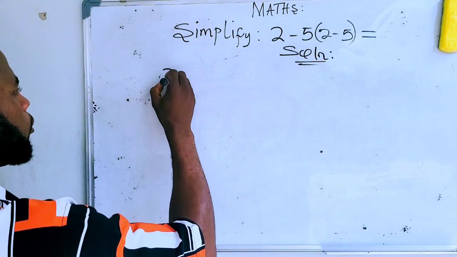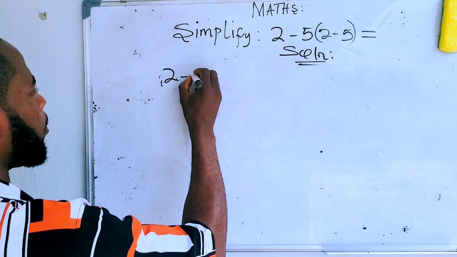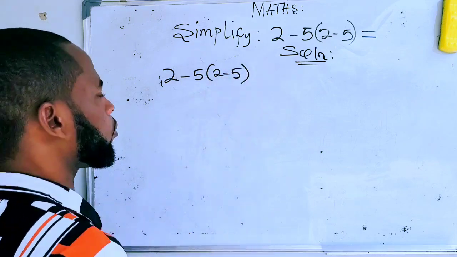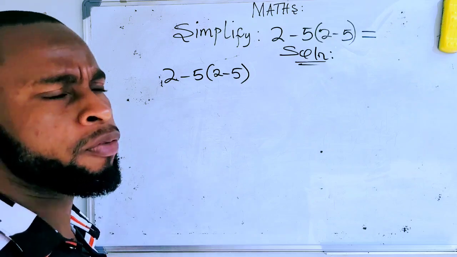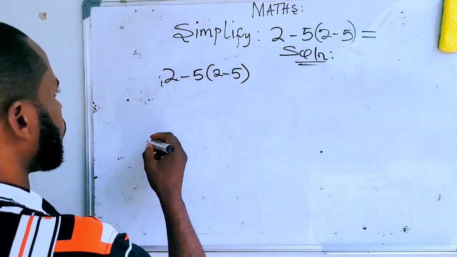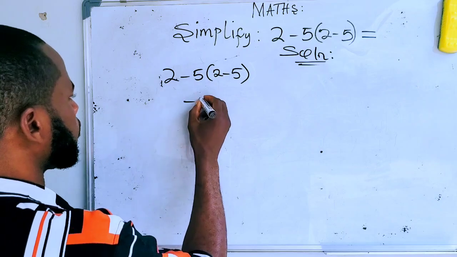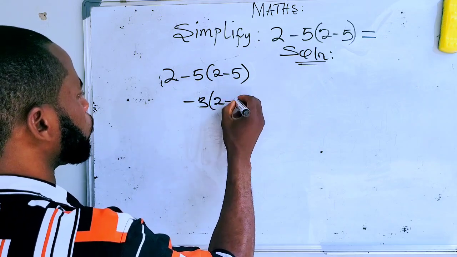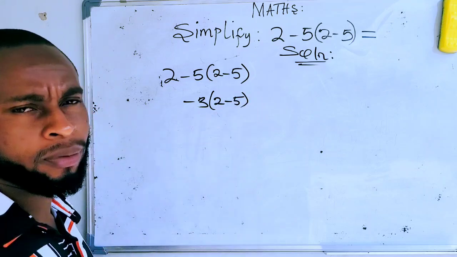I bring the question here: 2 minus 5 into 2 minus 5. First, some people will choose to simplify this way. You have 2 minus 5, that gives minus 3, into 2 minus 5.